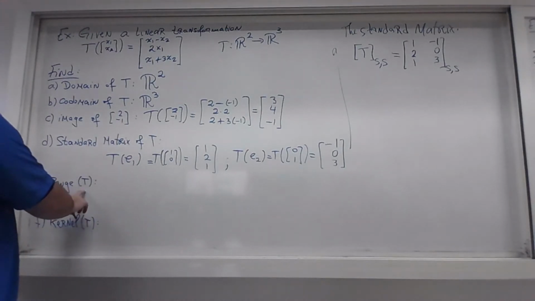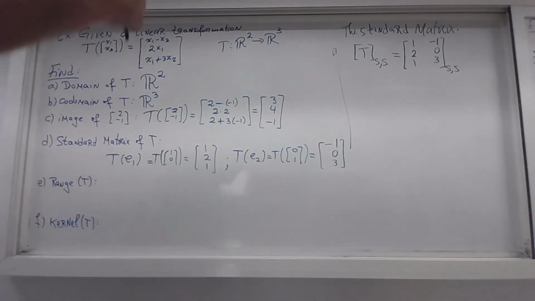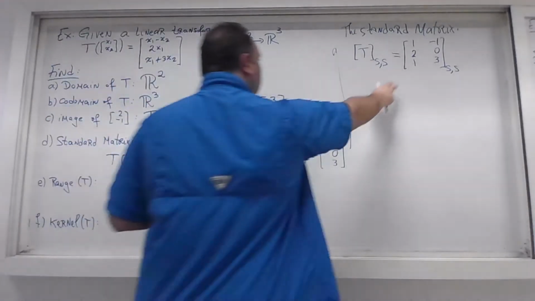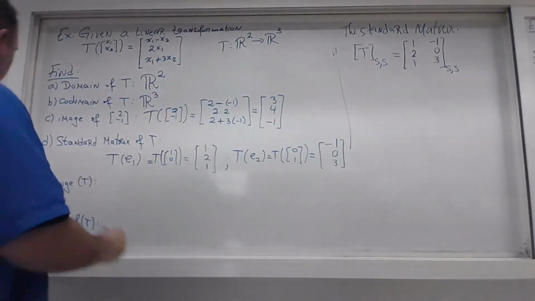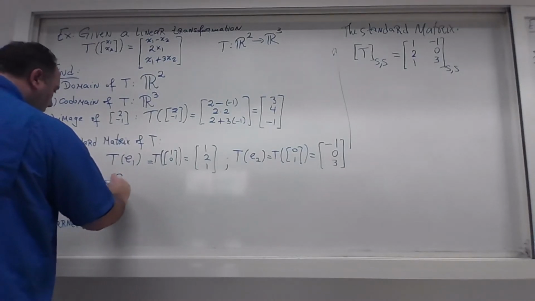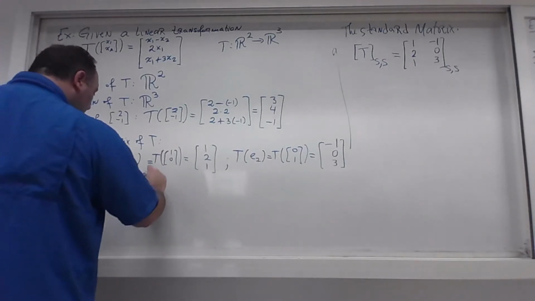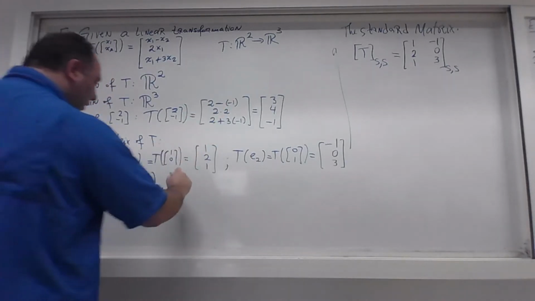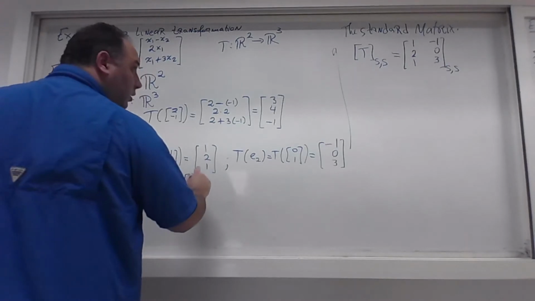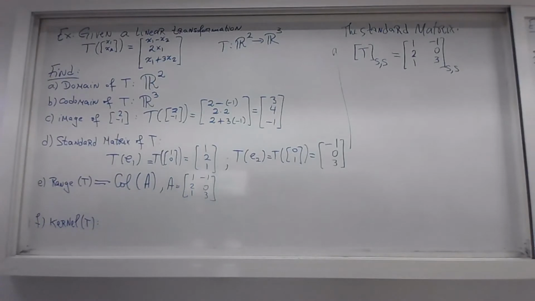So the action of T is actually represented by the action of multiplication by this matrix here. So the range of T is equal to the column space of the matrix A, this matrix here, 1, 2, 1, -1, 0, 3. Okay, so that's the same thing, we know that.